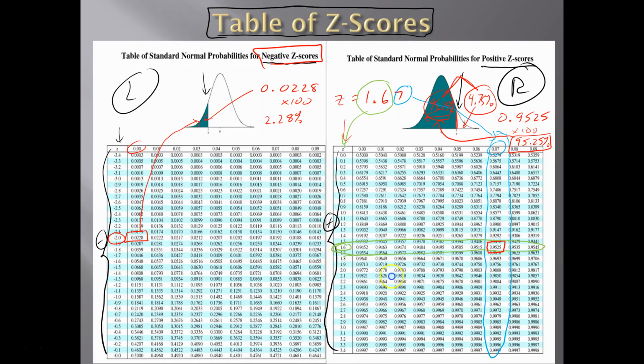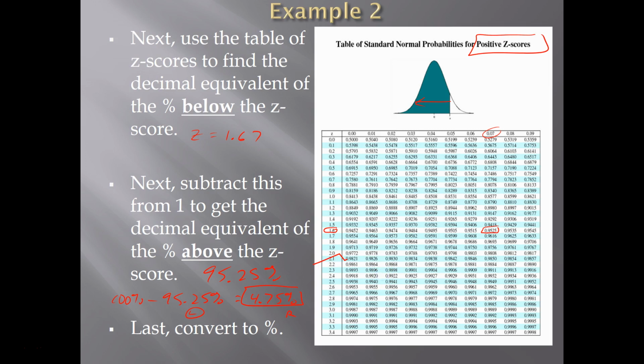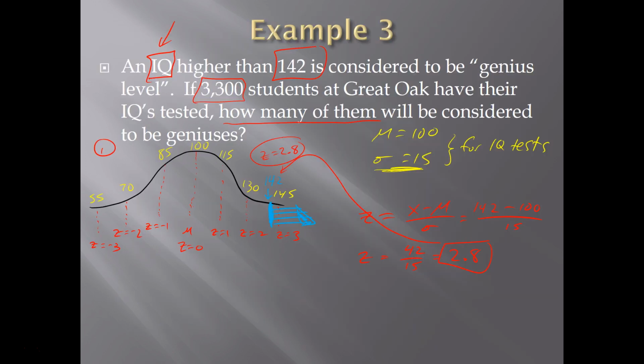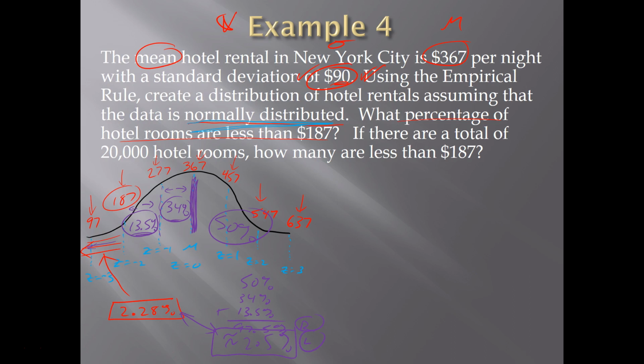So those are approximate numbers, whereas the z-score tables are exact. Sometimes an estimate is good enough, in which case maybe use the empirical rule. Sometimes you need more of an exact number, in which case the z-table would be a better way to go. So anyway, a couple ways to figure that first question out.